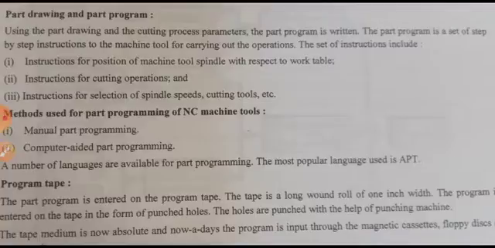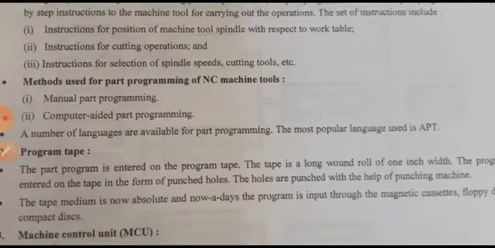While programming the tape you have to specify the different parameters for getting the desired workpiece. The instructions written in that program are instructions of positioning, cutting operation, spindle speed, and cutting tools.